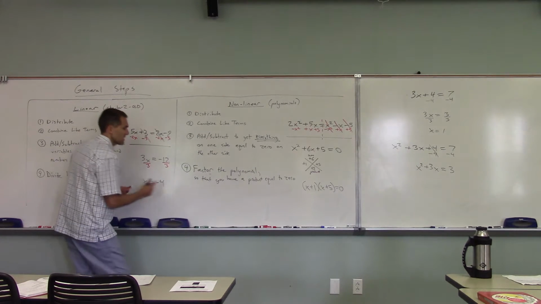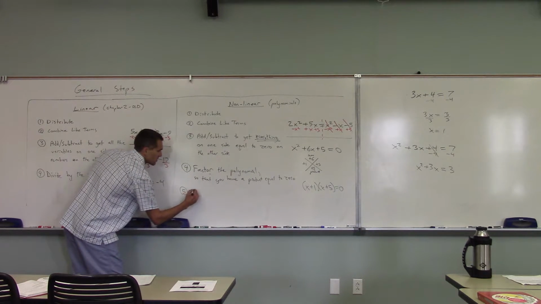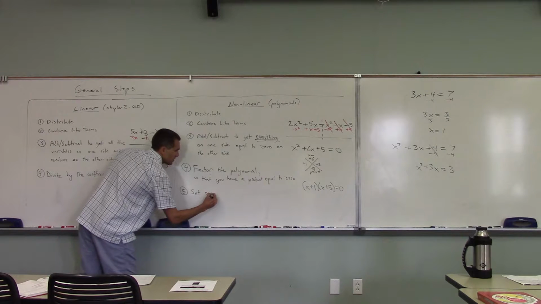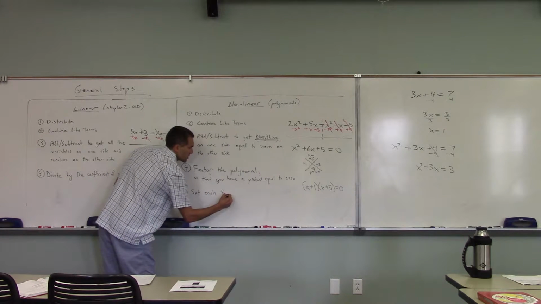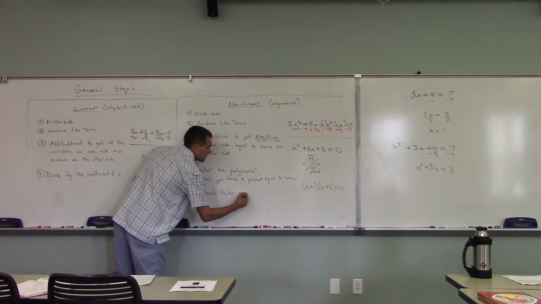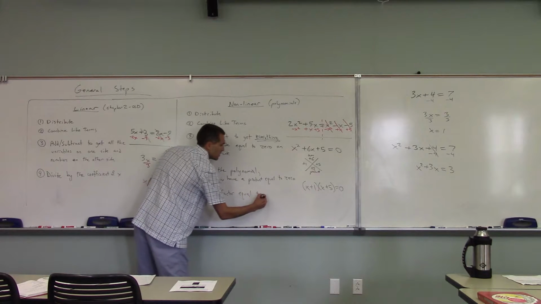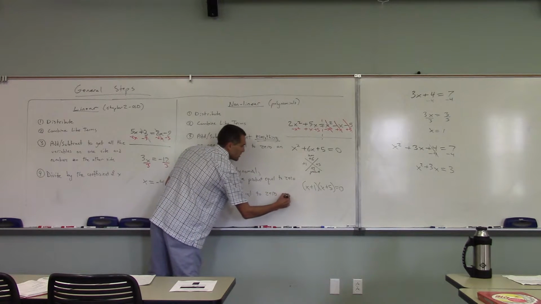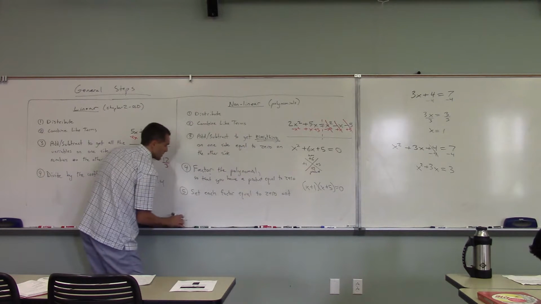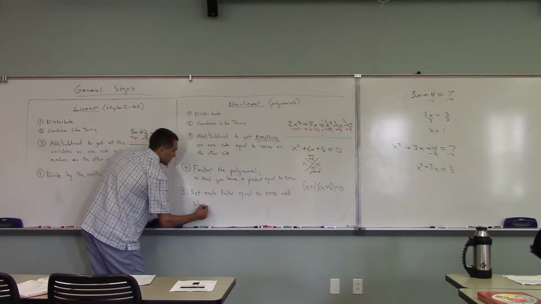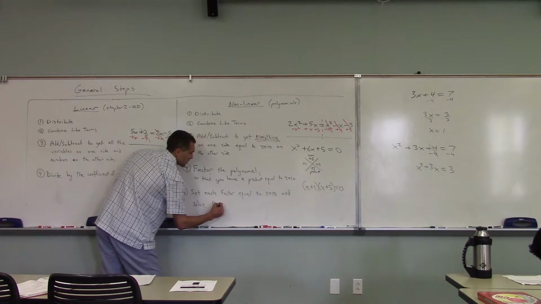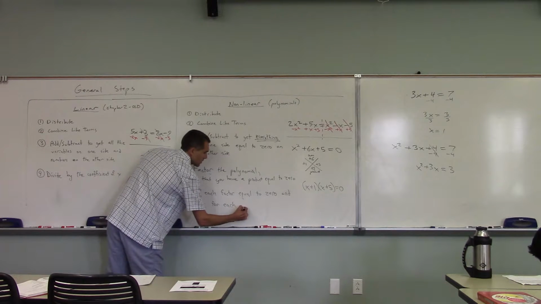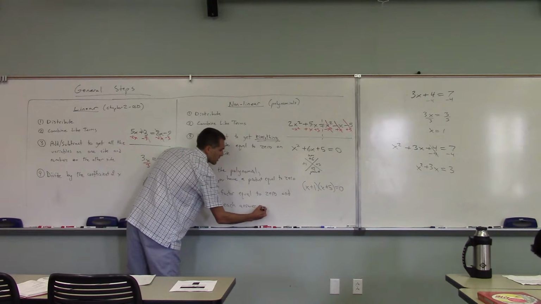And then the last step is set each factor equal to 0 and solve for each answer separately.